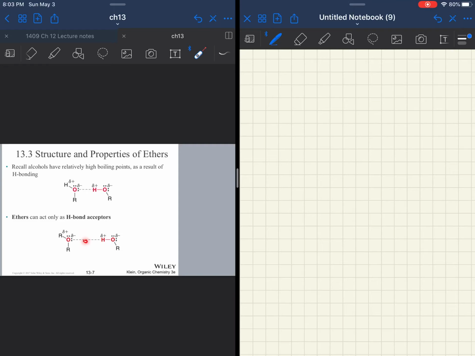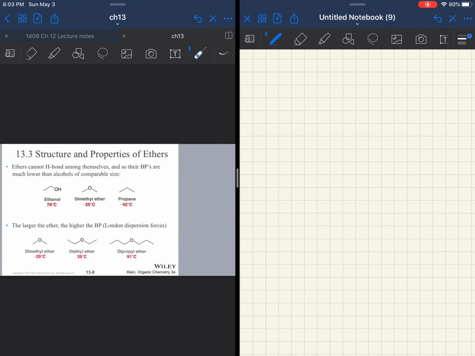So they're considerably less polar than an alcohol, but they still are often miscible because they can participate in hydrogen bonds. They are a polar compound, so they have a higher boiling point than something like ethane that only has London forces, but considerably lower than something that can hydrogen bond with itself.